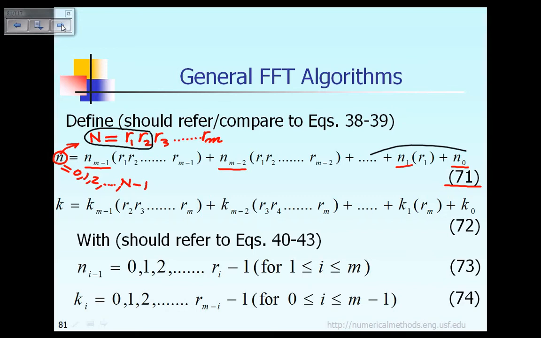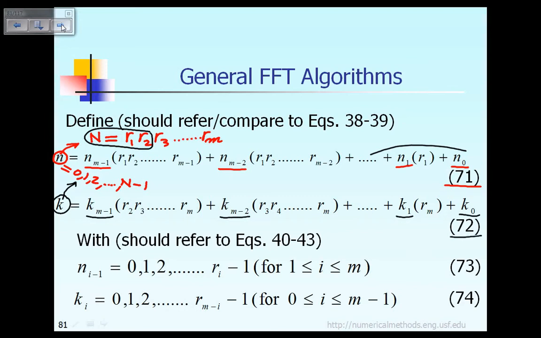Similarly, the small index k in this case should also go from 0, 1, 2 up to capital N minus 1. Again, this small index k can be expressed in terms of the indices k0, k1, k2, and so on, up to km minus 2 and km minus 1, as shown in equation 72.